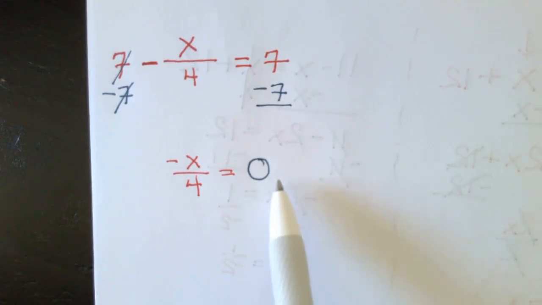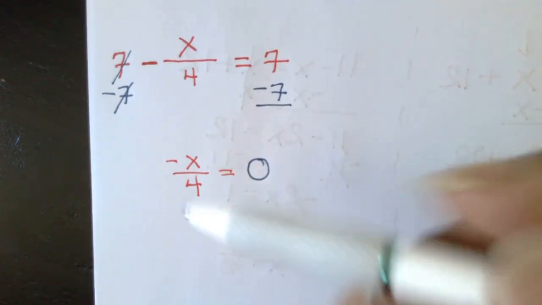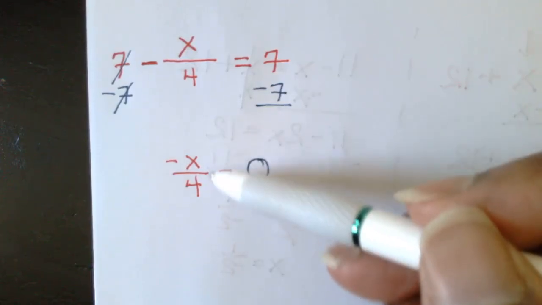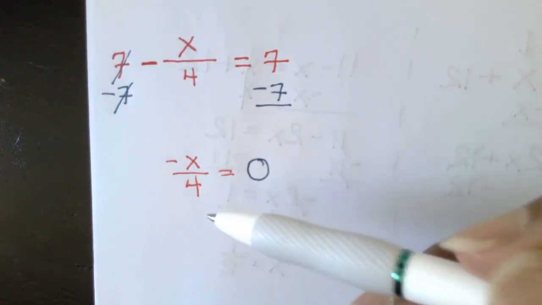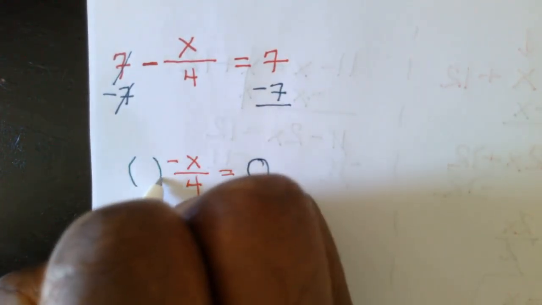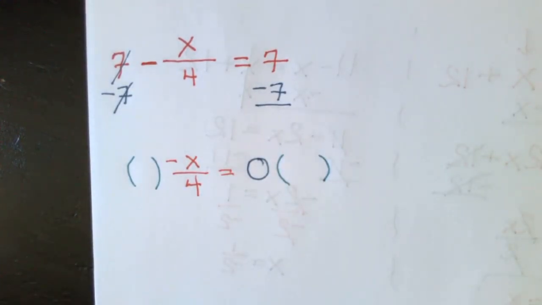Okay? So now, I want to get x by itself. I can take on 2 things at the same time. Fractions means division. The inverse of division, there we go with Olivia, is we're multiplying. So if I multiply both sides by what? We can multiply by 4, but there's something else we can do.